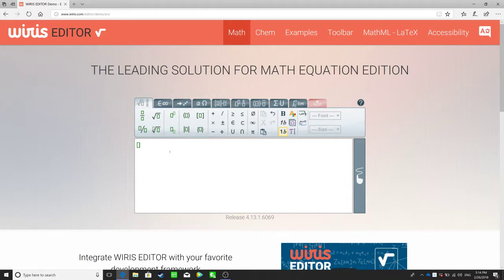So what's indirect proof? How do we do indirect proof? What is the important first step of indirect proof? Another name of indirect proof is proof by contradiction.